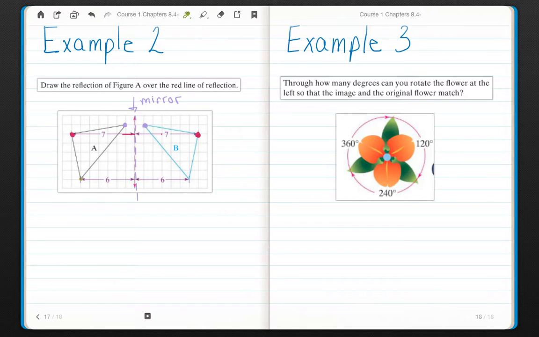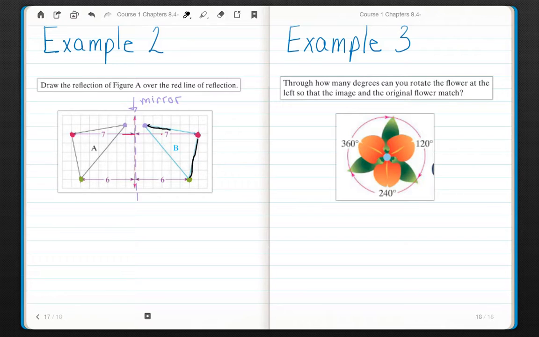This one down here is 6 units from the line of reflection. 1, 2, 3, 4, 5, 6. So I'm going to draw it 6 units from the line of reflection. Once you have your points, then you just connect the dots. And of course, your lines will be nice and straight.